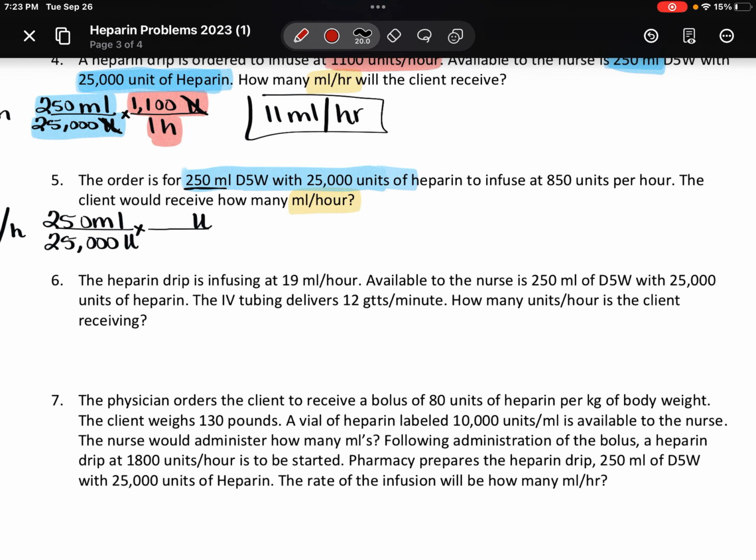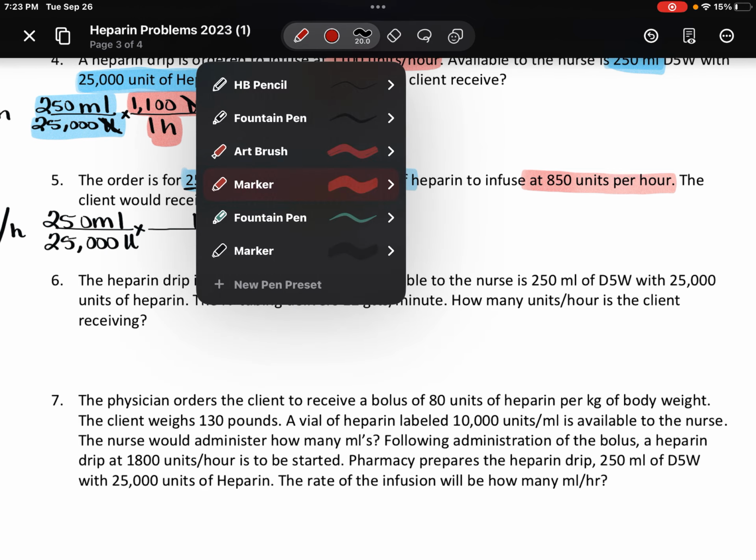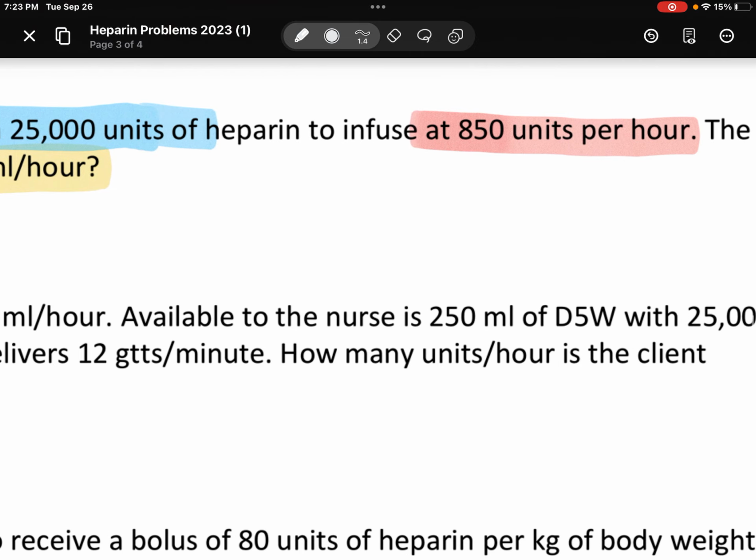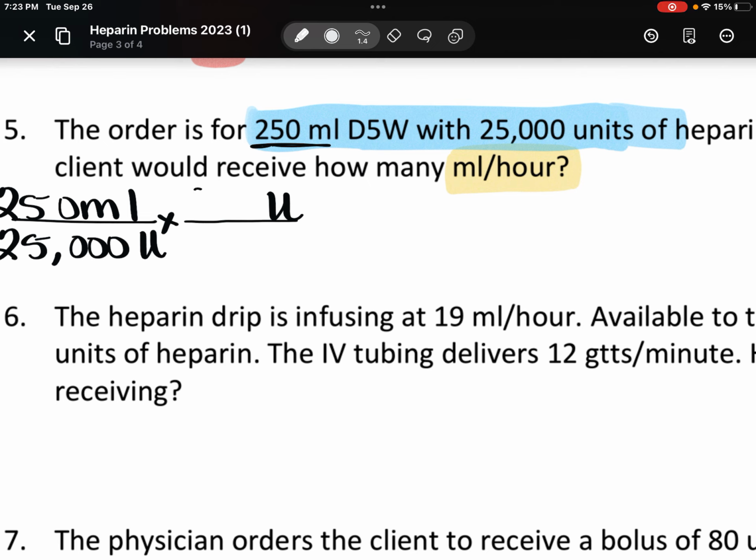Well, I know that it's infusing at 850 units per hour, right? Well, I could use that. That'll give me my units on top, and it'll also give me my hour. So 850 units on top per hour. My units cancel. I'm left with milliliters per hour.